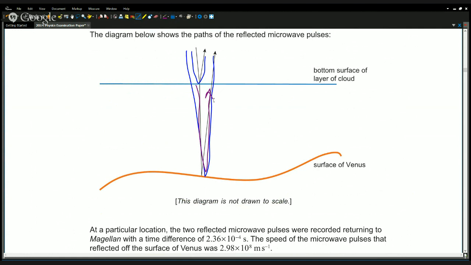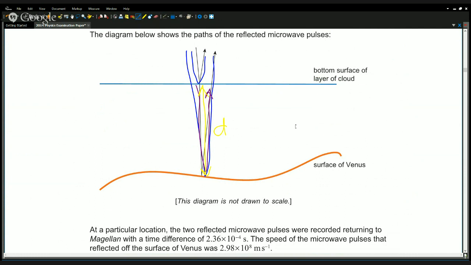We would call the distance here D. But the magenta path I've drawn here is 2D, because you go down and up. It's a little bit more than that because of the angle, but we're going to ignore that and treat it as flat.